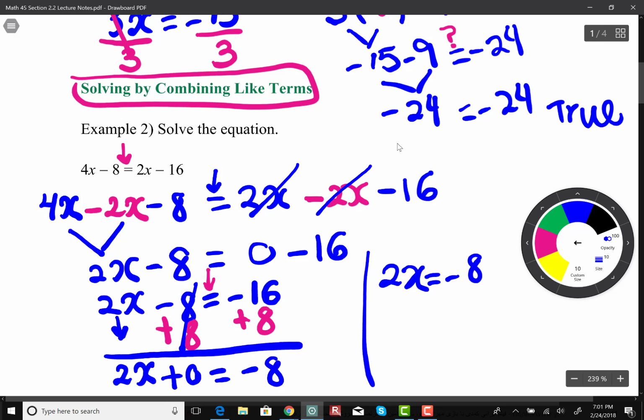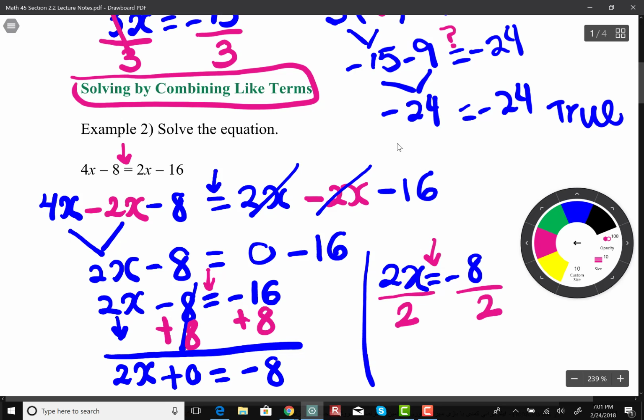Now we have to use the multiplication property. So I'm going to divide by the coefficient of x, which is 2. To keep the balance, we have to do it on both sides, because this is where the two sides are separated. Remember, this is the multiplication property of equality.